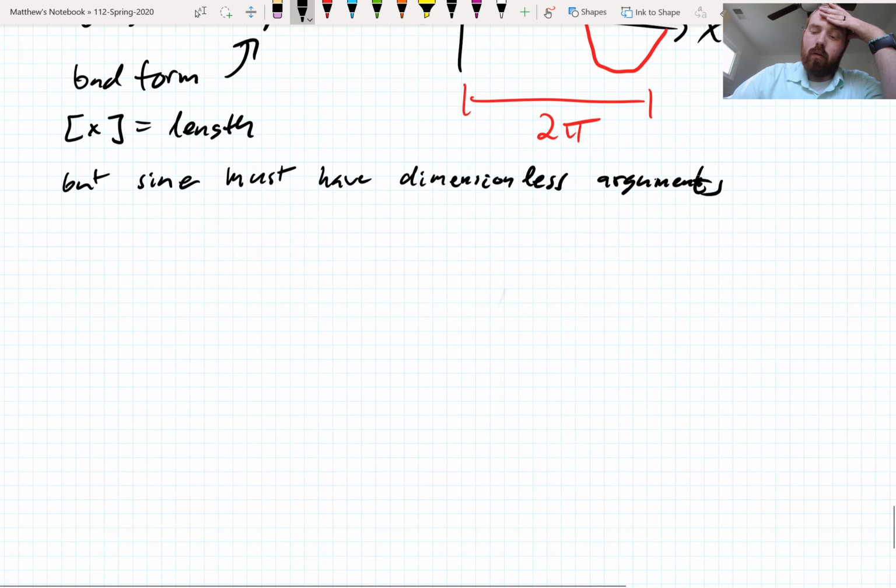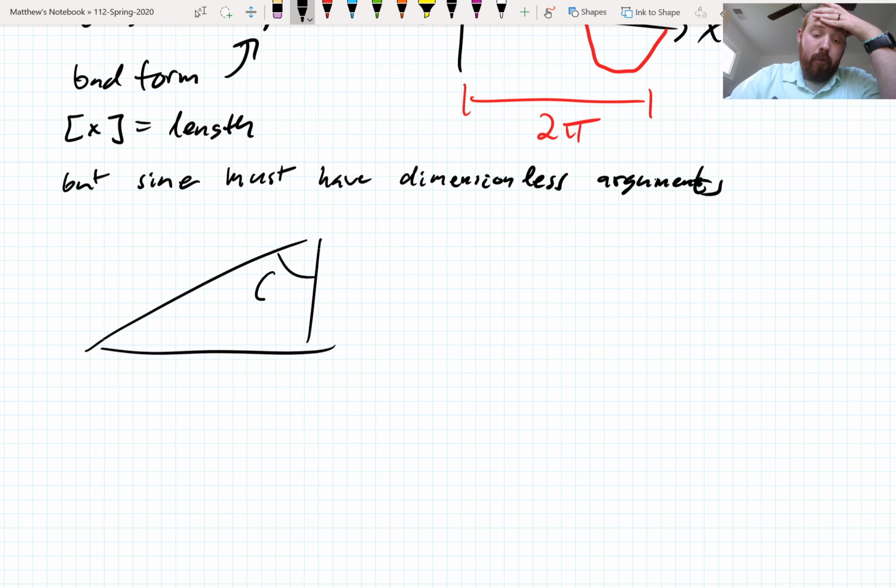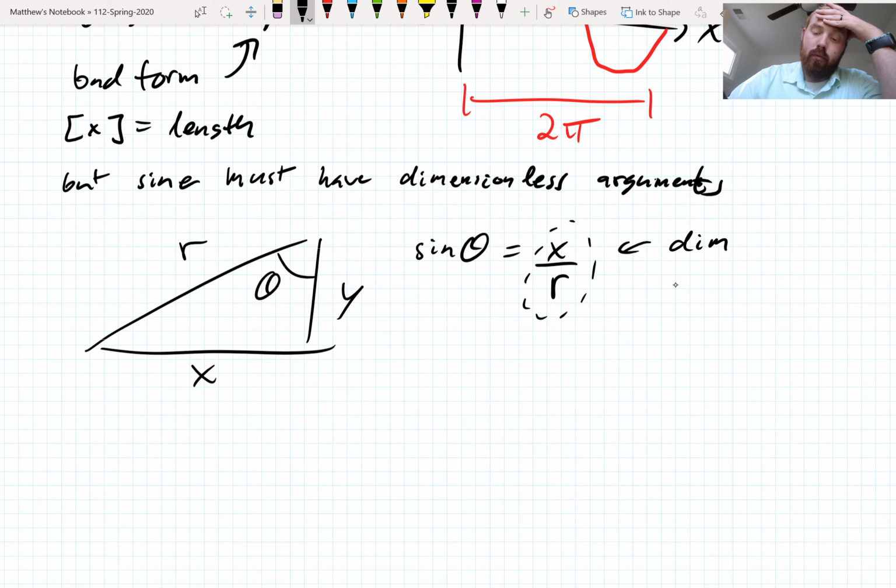It just comes back from the definition of our trig functions. Here's some angle theta, with x, y, r. Sine of theta is equal to the ratio of x over r in this picture, and that's dimensionless.